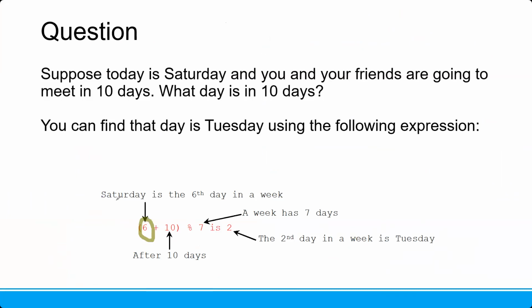Now let's say Saturday is 6, and I will meet in the next 10 days. So 6 plus 10, and I know there are 7 days in a week. So it means 6 plus 10, remainder 7. After I got the number, which is 2, the day is Tuesday because this is the second day. So we can use mathematics to solve this kind of problem.